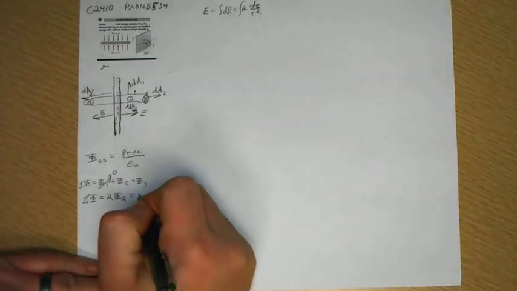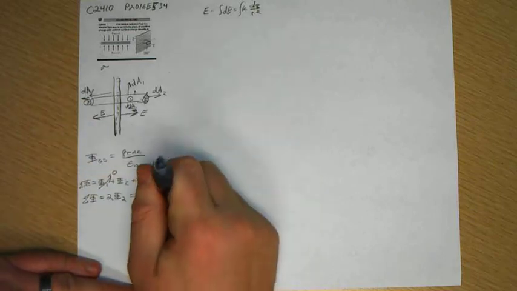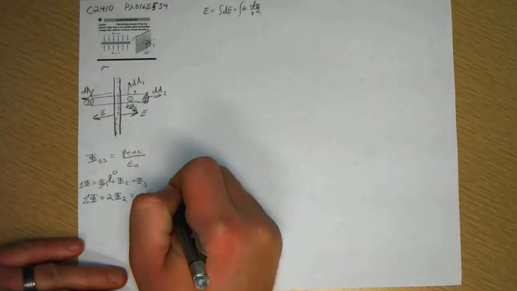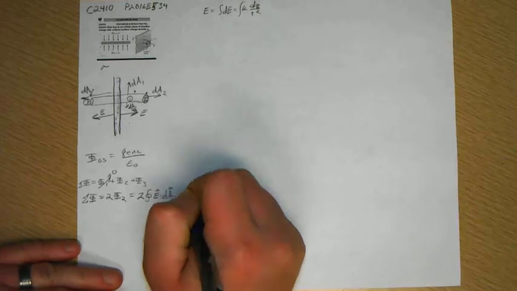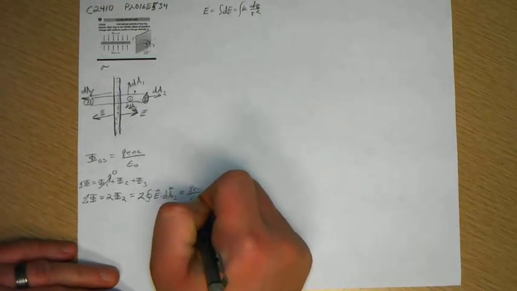So that is equal to 2 times the surface integral of E dot dA2, and finishing out Gauss's law, that equals the charge enclosed over epsilon naught.